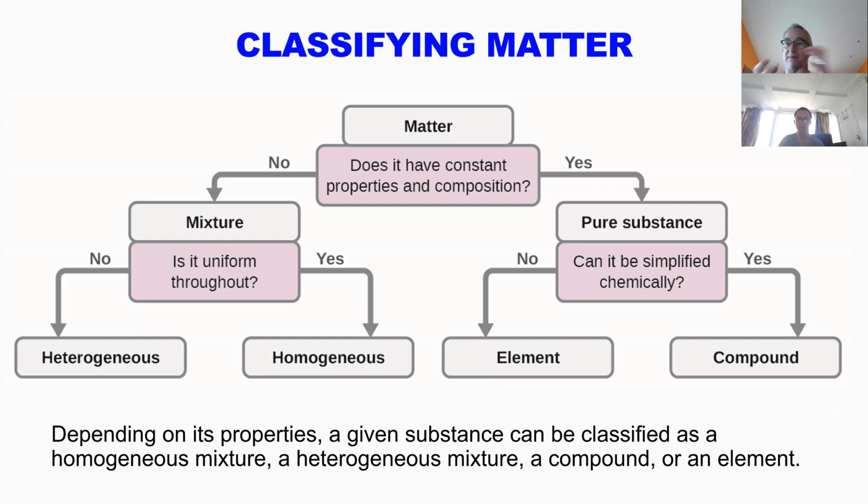An element cannot be separated into other elements chemically. You can do it in a nuclear type reaction, by breaking down the nuclei. But we know by now, because I've been railing on it for so long, that chemical reactions involve electrons only. So if you can break it down by either adding or subtracting electrons, then it's a compound. It's not an element.